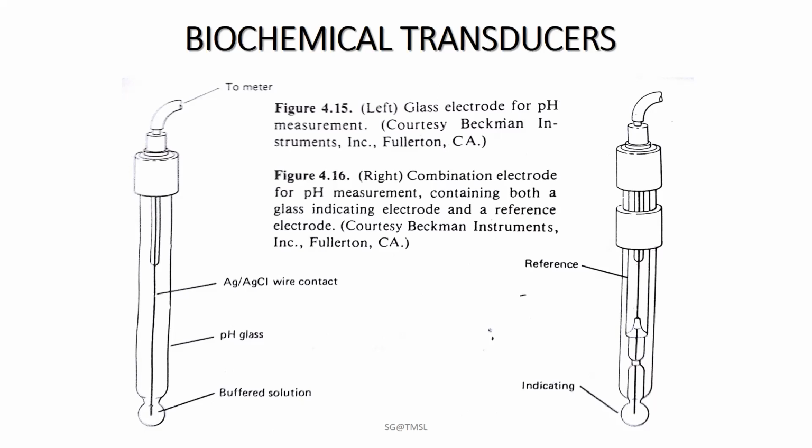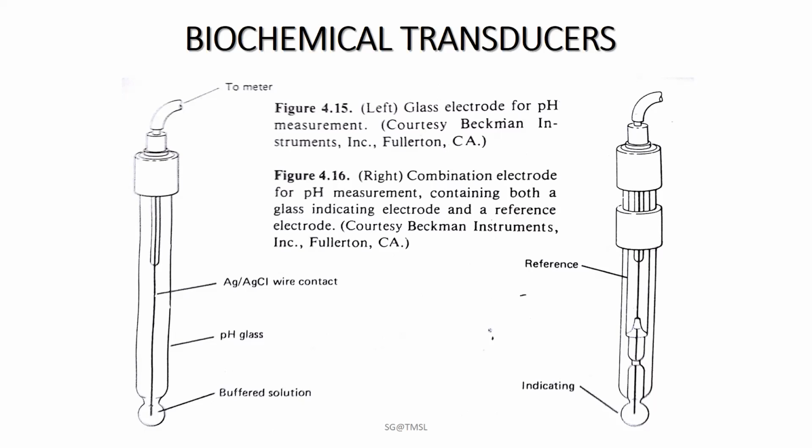Now, to measure the pH, each of the two electrodes required to obtain the measurement is called a half cell. All of you know the term half cell potential; I have already discussed that in a previous lecture. The electrode potential for a half cell is called the half cell potential.